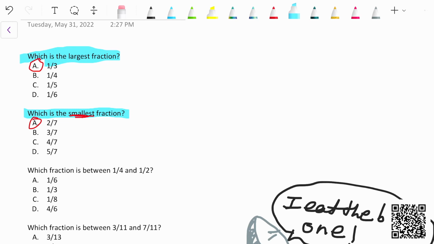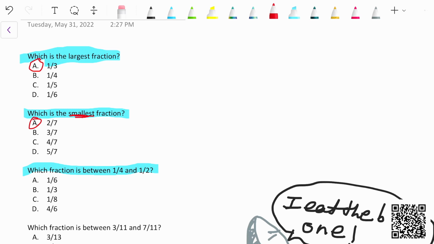Moving on to the next question. Which fraction is between 1/4 and 1/2? Here we have 4 answer choices again: 1/6, 1/3, 1/8, and 4/6.